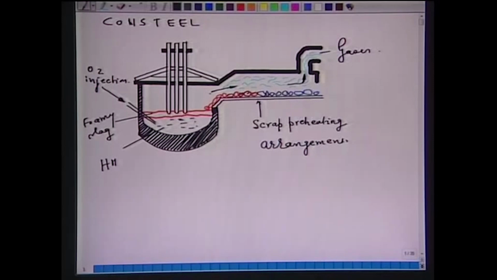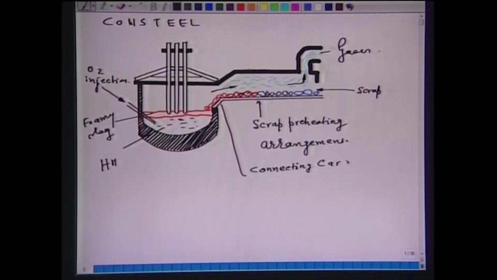Here the hot gases directly from the electric arc furnace are introduced into the scrap preheating system. Somewhere here this is a connecting car. Scrap is going in this direction, gets heated up from about 25 degrees Celsius, and then is charged into the melt, a continuous process.